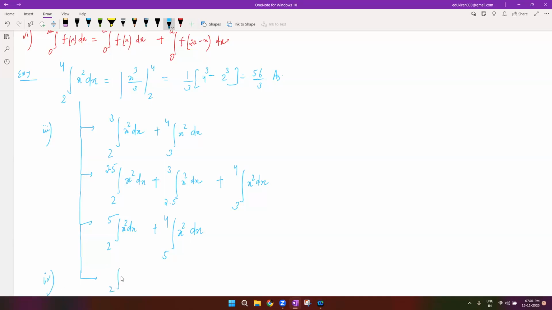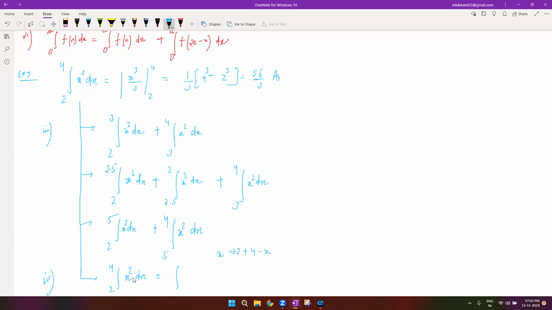So we were calculating the integral of x squared dx from 2 to 4. We know the answer is 56/3, right? Now let's first apply the fourth property. The fourth property says that if you are integrating a function from a to b, and you change x to the lower limit plus upper limit minus x, then the answer remains the same.